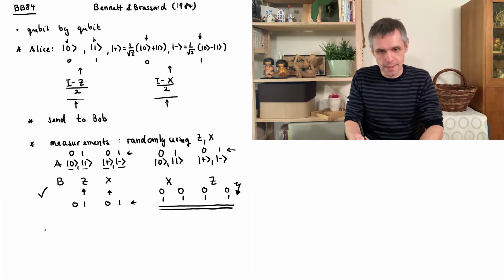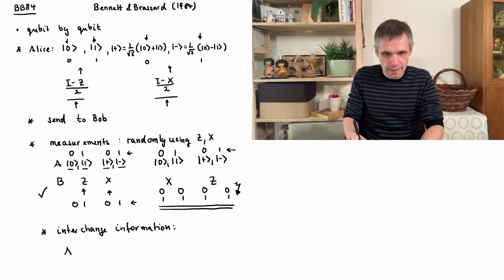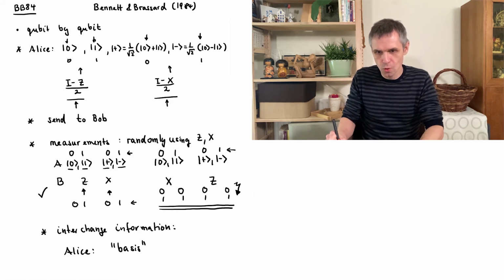So all that Alice and Bob need to do is to interchange some information. Alice will disclose which basis she used.